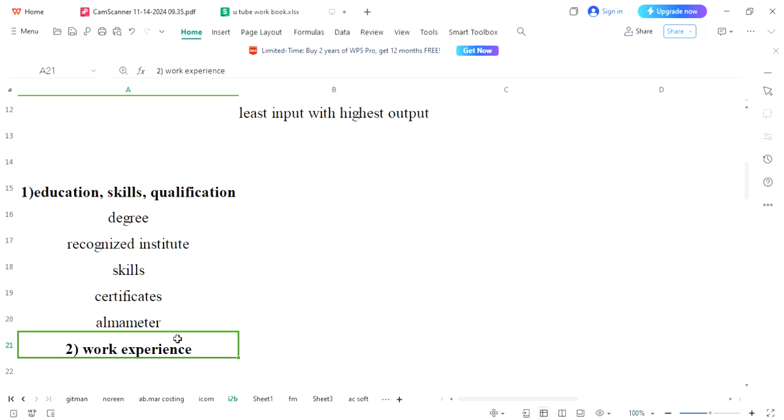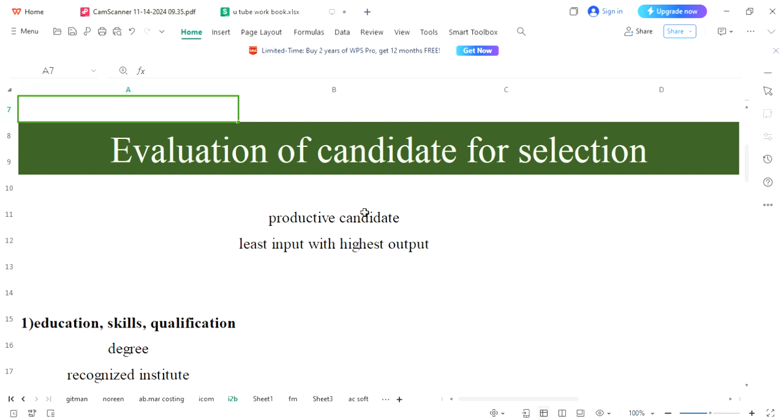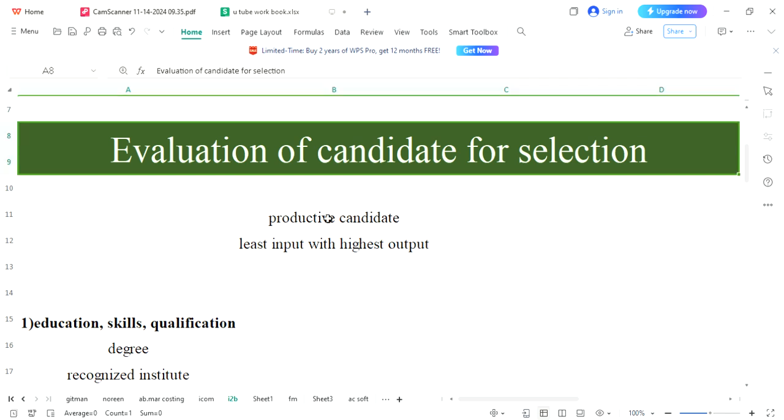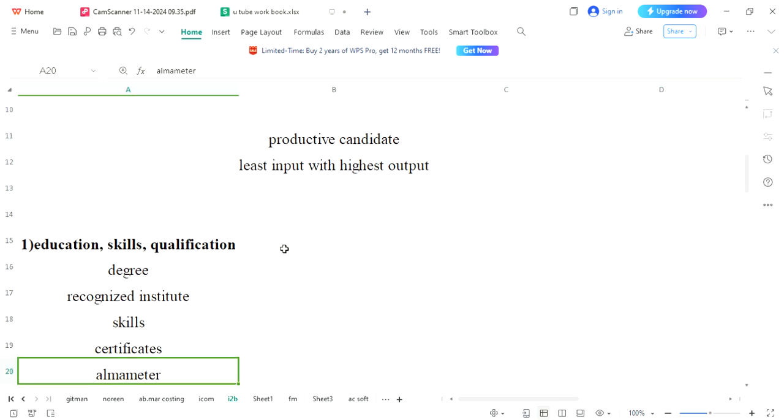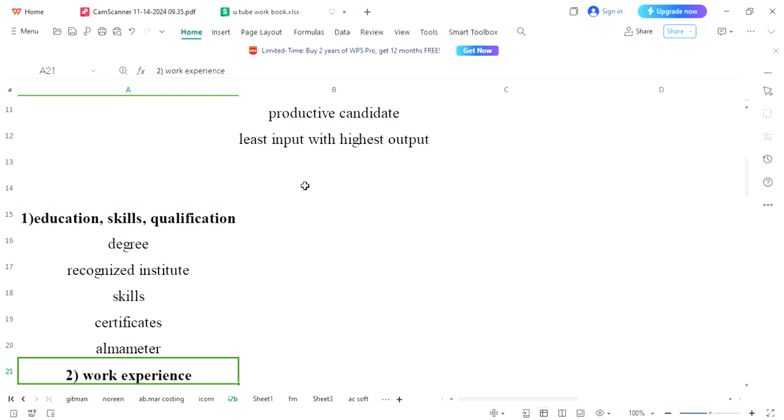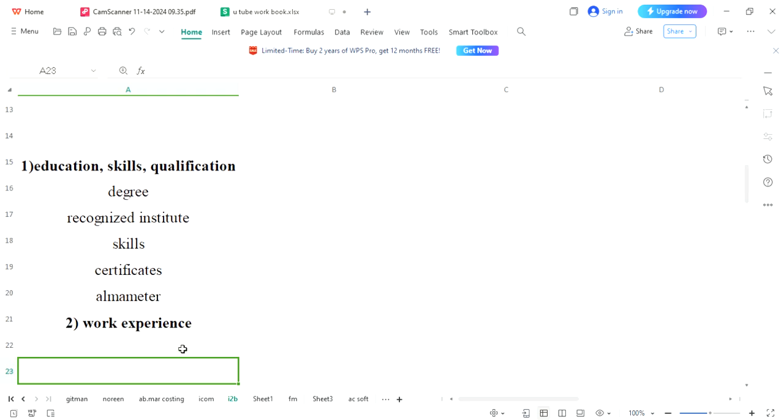He will not be able to play a role as the most productive candidate. We'll have to train him. It means we'll have to put in more. That would not be least input. In this case, you will have to give him proper training for your purpose. So ultimately, this candidate without proper experience would not be considered a productive candidate.